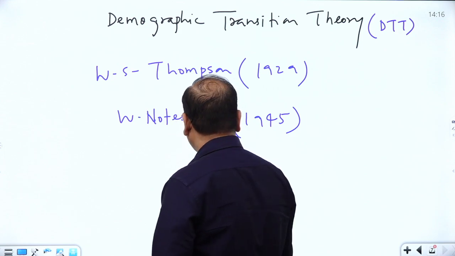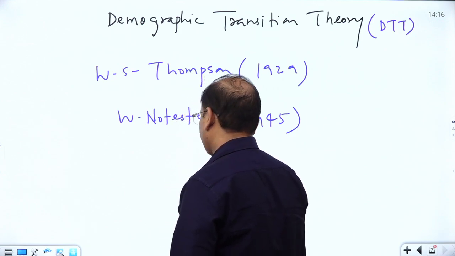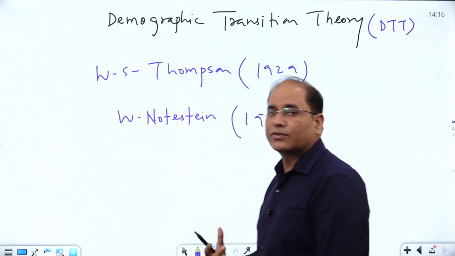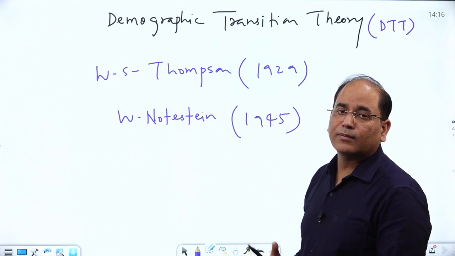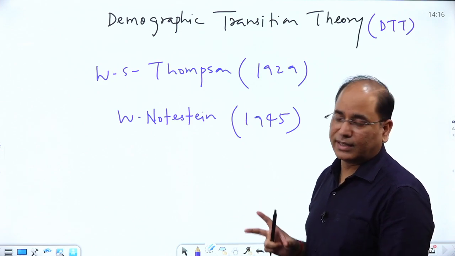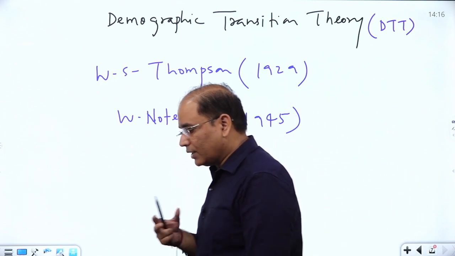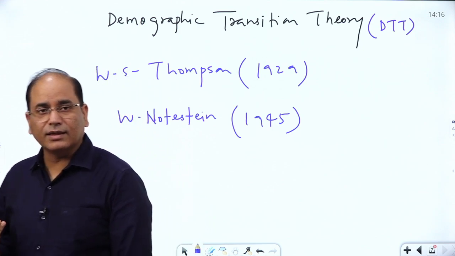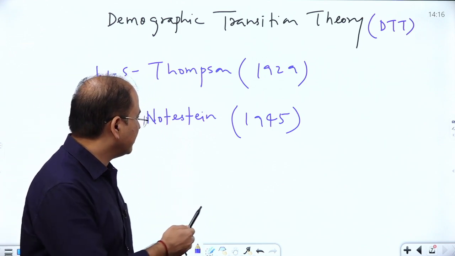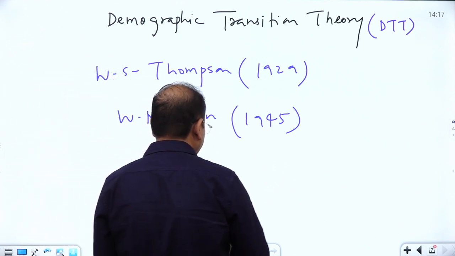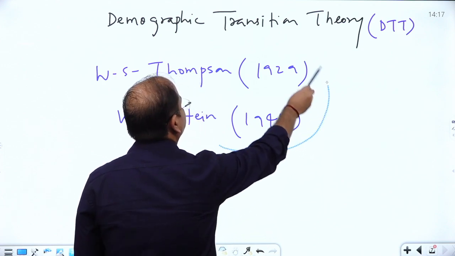So they have given this theory, and this theory is primarily associated with three important basic premises. So this theory has been propagated based on three premises. Let us first understand which three important premises, assumptions, there are.